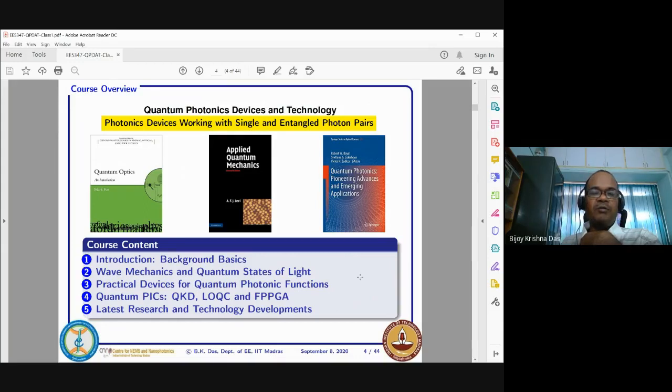And when you want to manipulate the quantum states, you will be using, most of the time, classical devices. Whatever classical components, devices, and circuits are used for integrated photonics or photonic integrated circuits, the same type of devices you will be using.